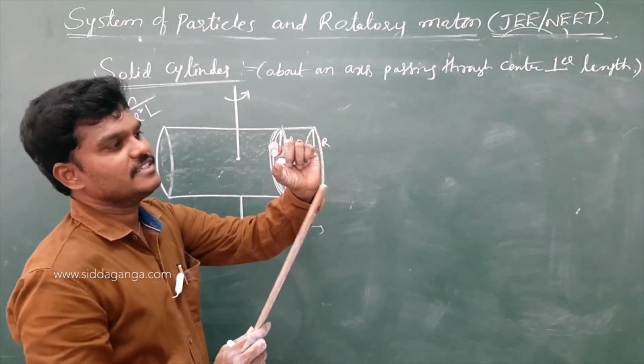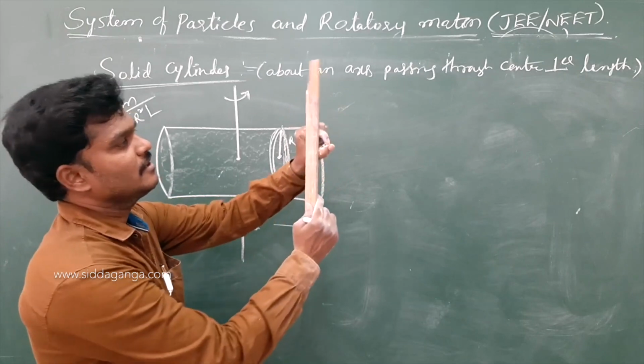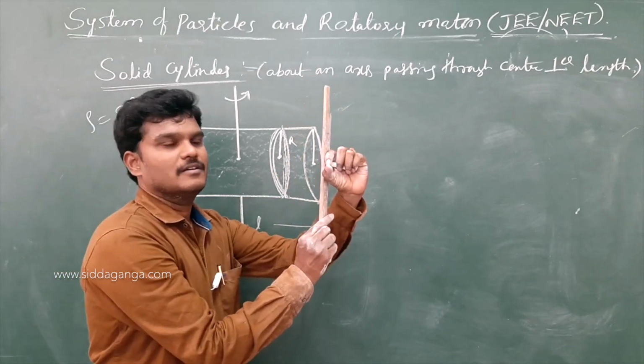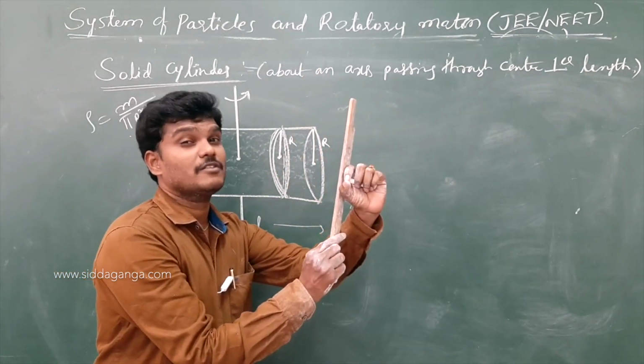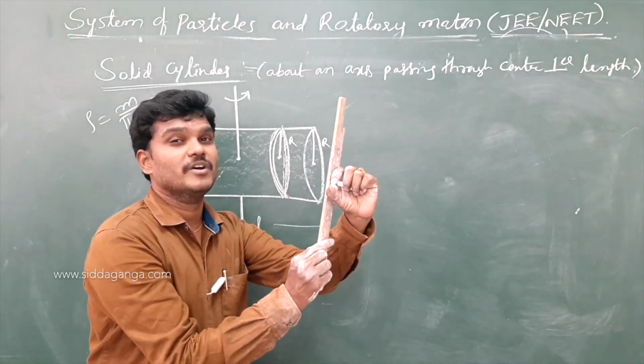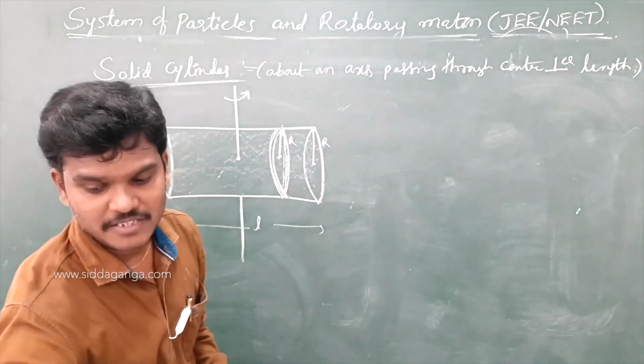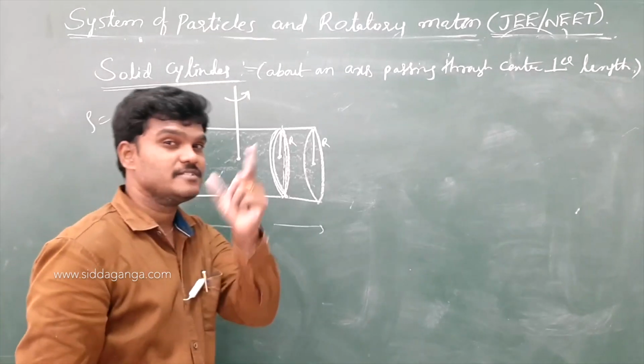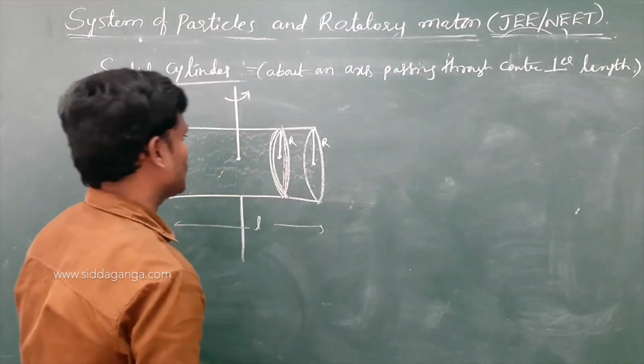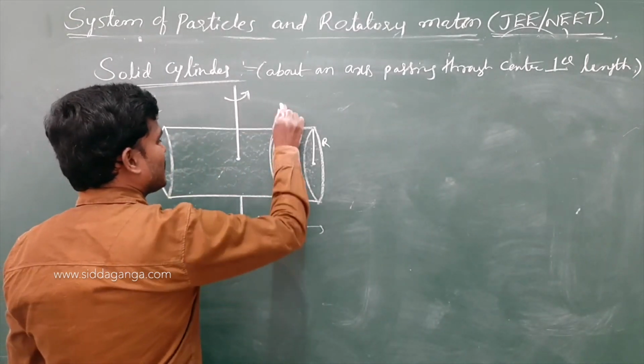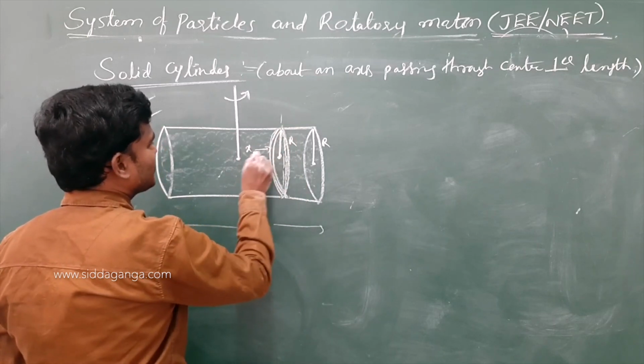Now the disc is in this way. About the diameter, the formula is m r square by 4. Axis passing through the diameter of the disc is m r square by 4. Use that formula. And this is at a distance of x.